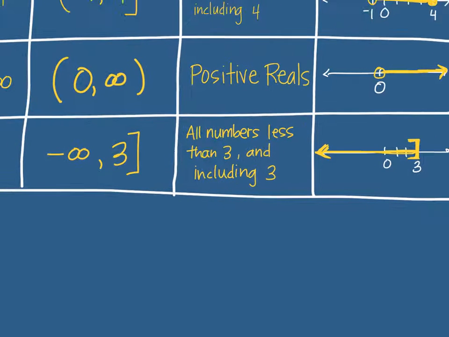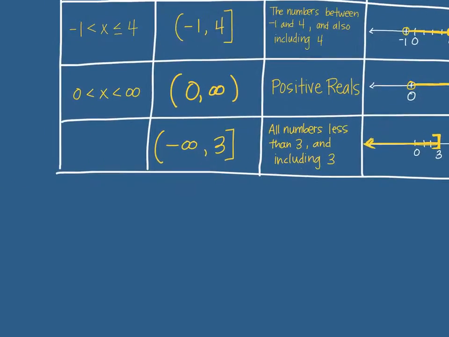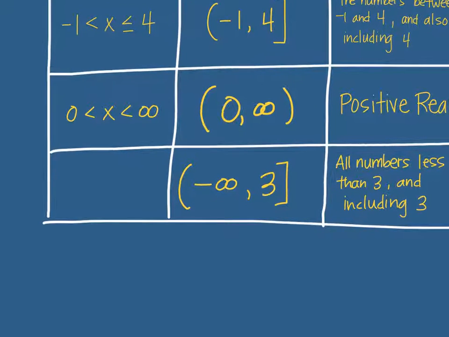And we want to use a soft parenthesis, because again, for infinity, no matter what kind of infinity it is, you're never going to have a bracket on infinity. And then for the inequality notation, you'll have negative infinity less than x less than 3, and then you want to go back and add the equal to bar under the 3 because that is the inclusive part.